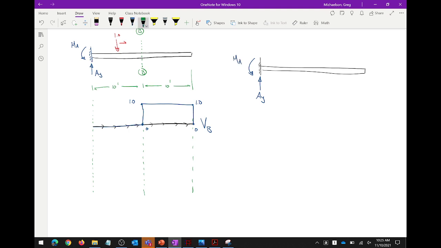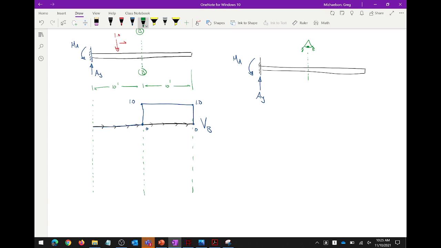An influence line, we keep our eye fixed on a point of interest. In this case, the point of interest is the shear right at this samurai sword and or lightsaber, right? Okay? So, my eye is fixed right there. That's the only thing I'm paying attention to right now.